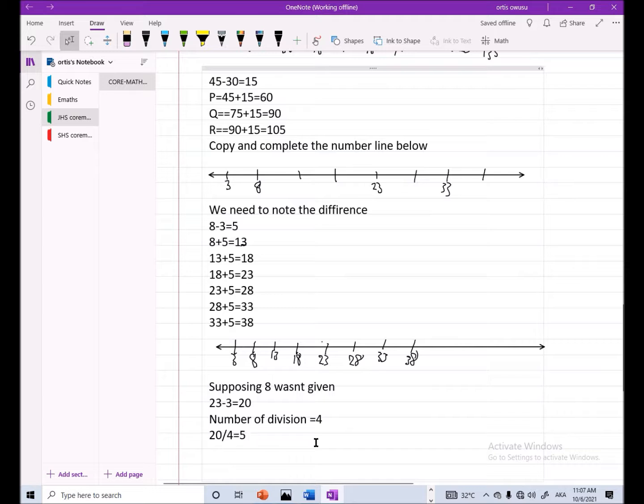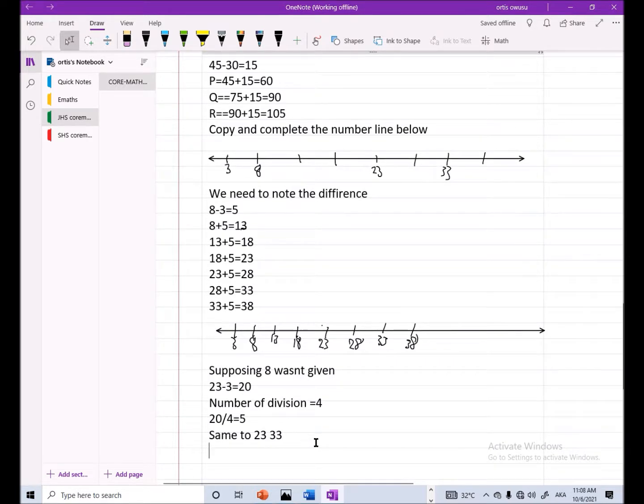Now let's do it and see. 33 minus 23 equals 10, divided by 2, which is 1, 2.